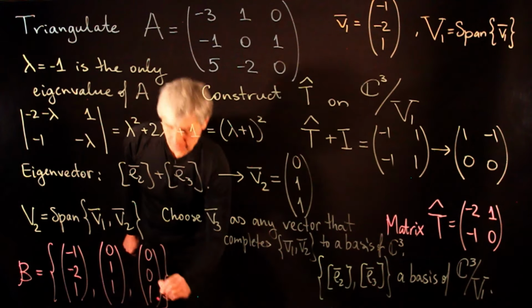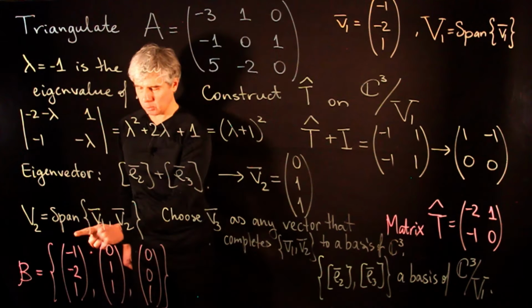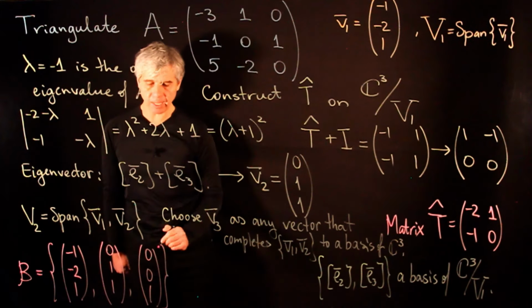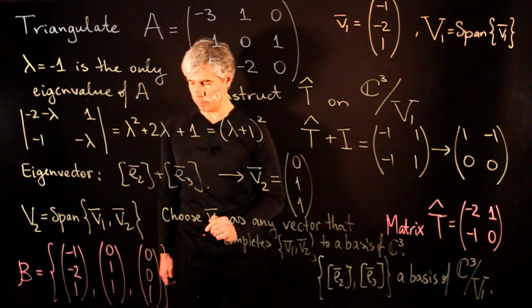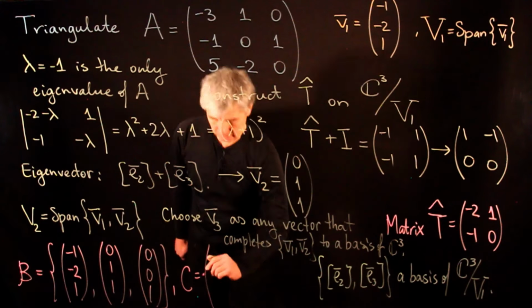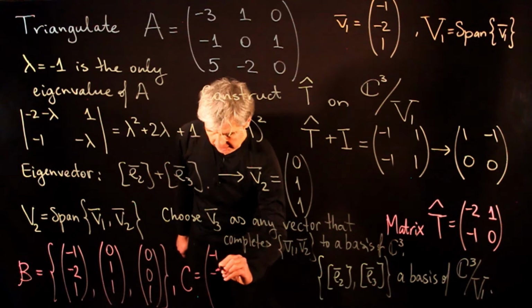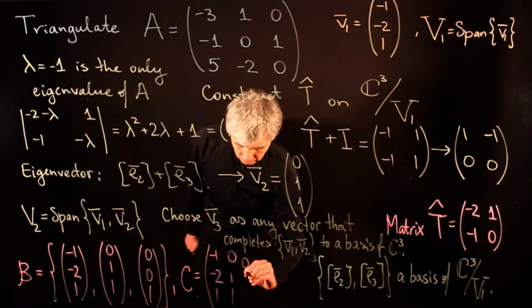So we see that if we place these vectors as columns, then the resulting matrix will have determinant -1. So these vectors are linearly independent. So this forms a basis. And this gives us the change of basis matrix C. So it will be -1, -2, 1, 0, 1, 1, 0, 0, 1.